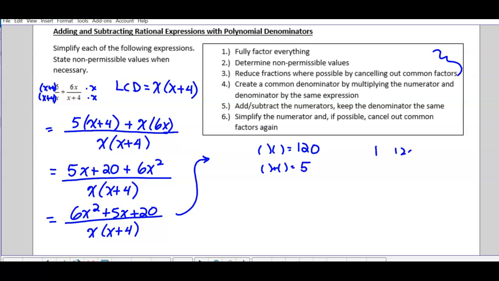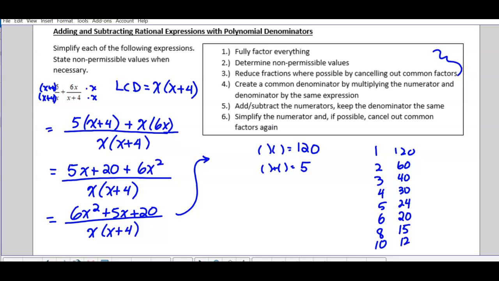So 1 and 120, 2 and 60, 3 and 40, 4 and 30, 5 and 24, 6 and 20, 8 and 15, getting close, 10 and 12.